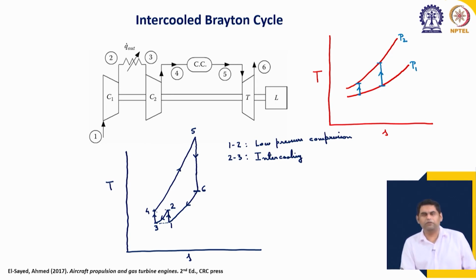By cold water I mean water which comes at ambient conditions, because there is no point in using some work to reduce the temperature of water further, as that will anyway not lead to a net work increase. So, this 2 to 3 is the intercooling, and the device is known as intercooler.